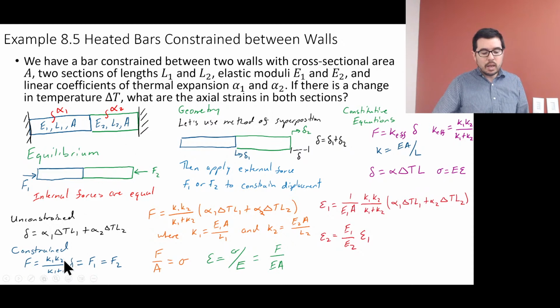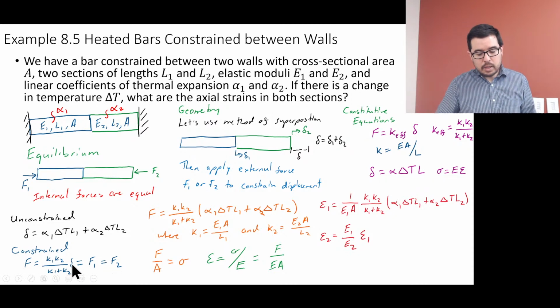I've already calculated how much I had to push the whole system back, because that's how much it went when it was unconstrained. So now if I have an effective K, I can figure out what the force is going to be to push it back, and that force is going to be the same in both bars.